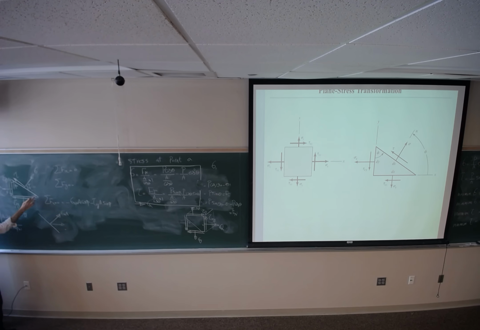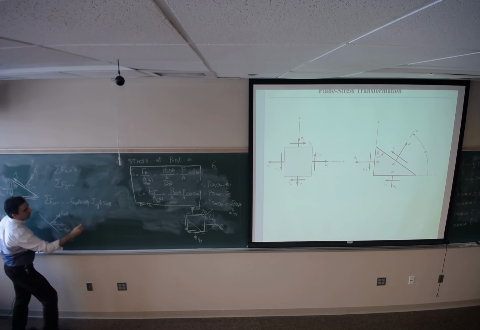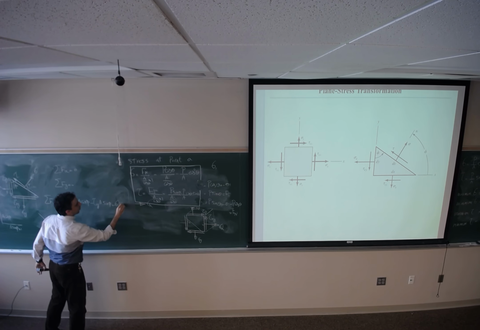Since this equals this, and this plus this equals 90, I can say this one equals this one. So this is phi. The projection of this force in this direction is going to be positive sigma times A cosine of phi. So it's going to be positive sigma cosine of phi times A.